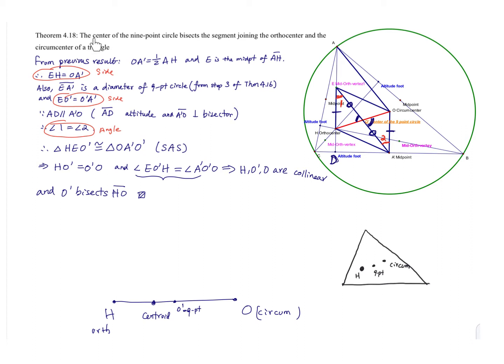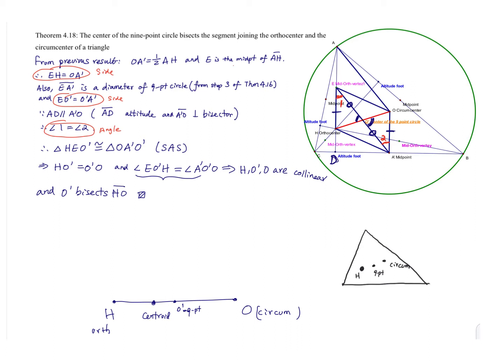It says the center of the 9-point circle bisects the segment joining the orthocenter and circumcenter of a triangle. So there are two things that we have to prove.